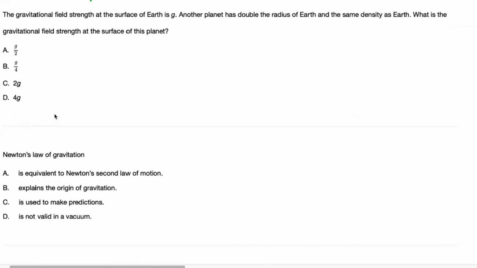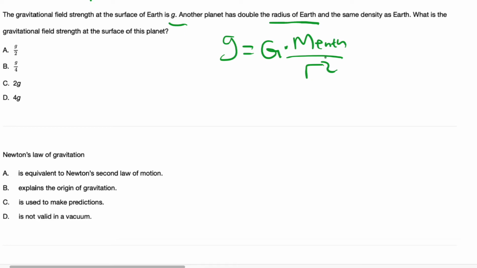The gravitational field strength on the surface of Earth is G. Another planet has double the radius of Earth. So we know its gravitational field strength is going to be divided by 4, since gravitational field strength is equal to G constant multiplied by mass of Earth divided by radius squared, and its radius is doubled, so the r squared is going to be 4r squared, so its field strength is going to be divided by 4.